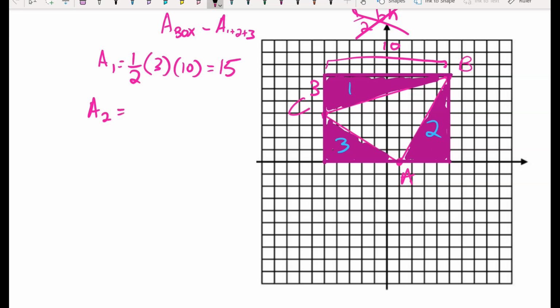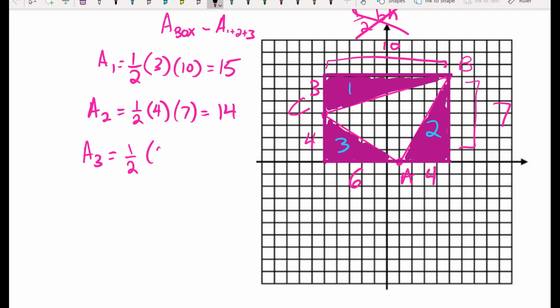The area of my second triangle, if I count the boxes, that height is 7, and the base is 4 down there, and I'm just getting that from counting those boxes. 1/2 of 4 is 2. 2 times 7 is 14. And the area of the third triangle, the base is 6, and the height is 4.